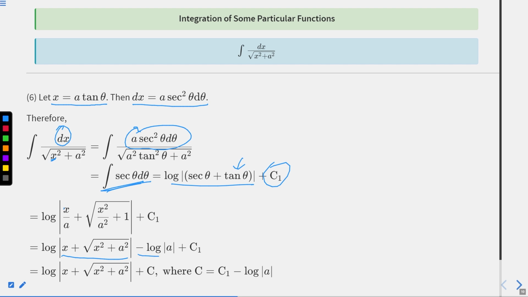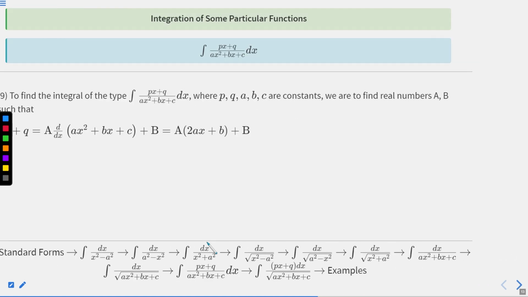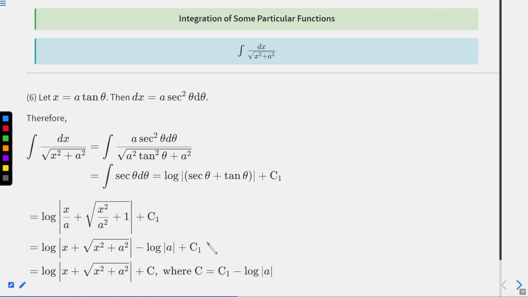That's why you will get minus log of mod a, plus some constant, and I am naming it as another constant C, which is C1 minus log a. Okay, clear? I hope it is clear to you. So you will get this as your final answer.